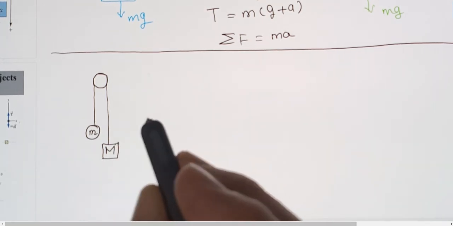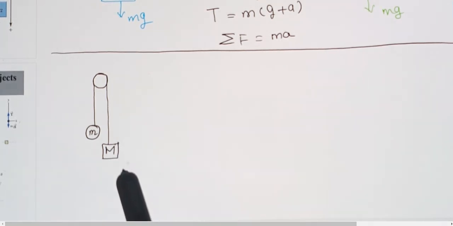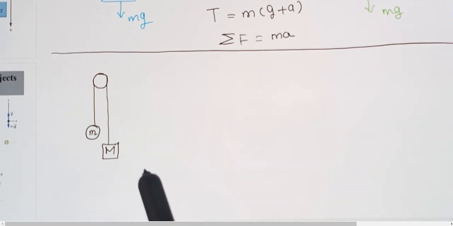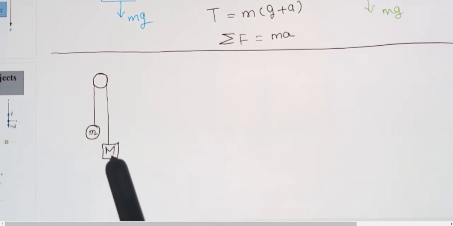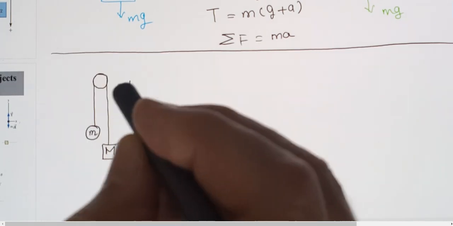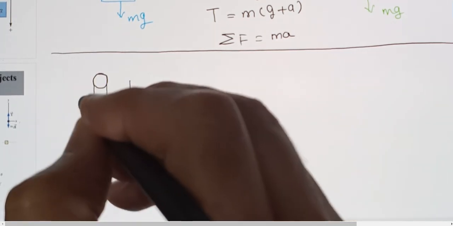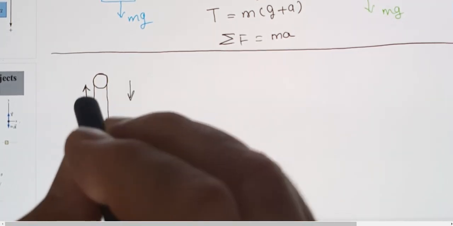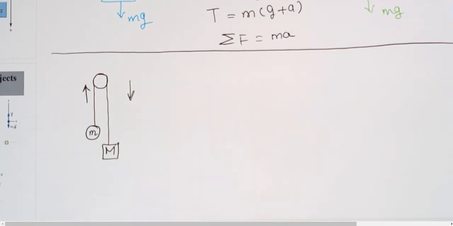Well, it is depending first on the motion. Is it moving up or moving down? So if you know both masses, of course, if capital M is larger, it will move in this direction, if you know the masses. So M will move in this direction, and small m will move in the other direction.